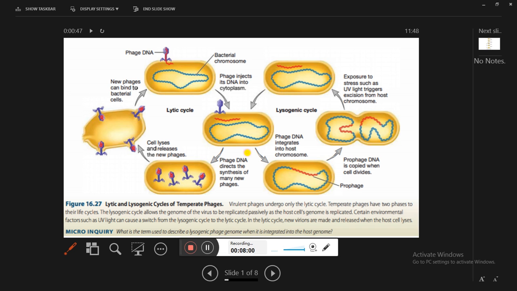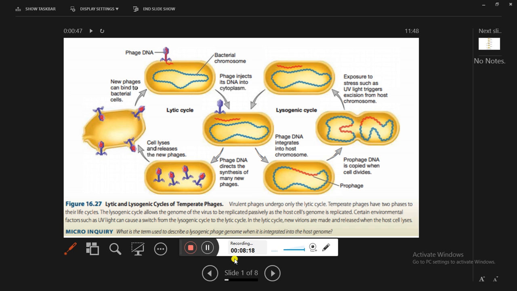In these two modes of replication and reproduction of bacteriophage, the transduction process or recombination also occurs, and we will discuss it in the next slide.